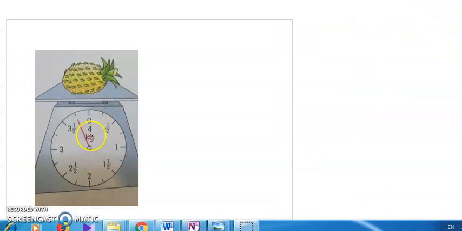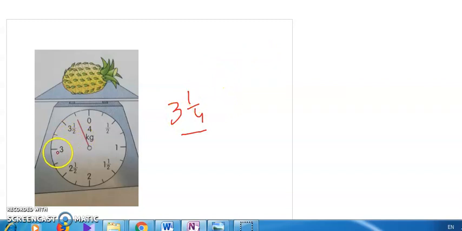Now look at another picture. You can see in this picture the reading of the mass scale is on 3/4. Now if the reading of the scale is on a quarter like this, it means it is more than halfway between the numbers. Then we will go for the number nearer to it.